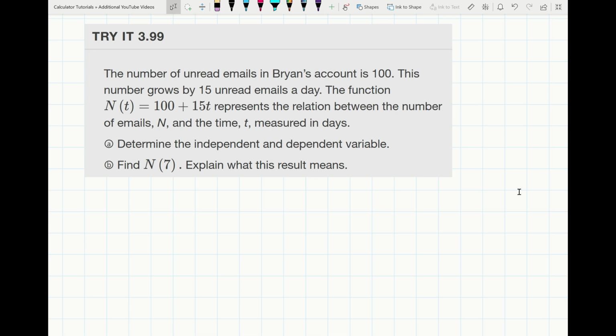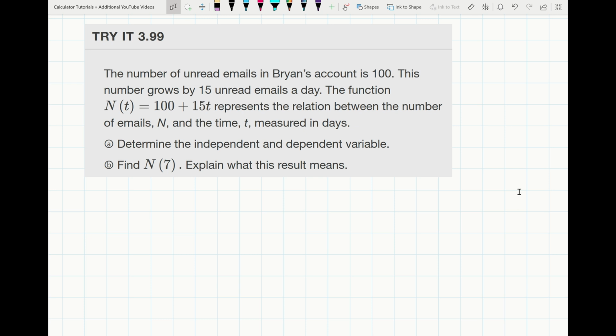The number of unread emails in Byron's account is 100. This number grows by 15 unread emails each day. The function n of t equals 100 plus 15t represents the relation between the number of emails n and the time t, measured in days.